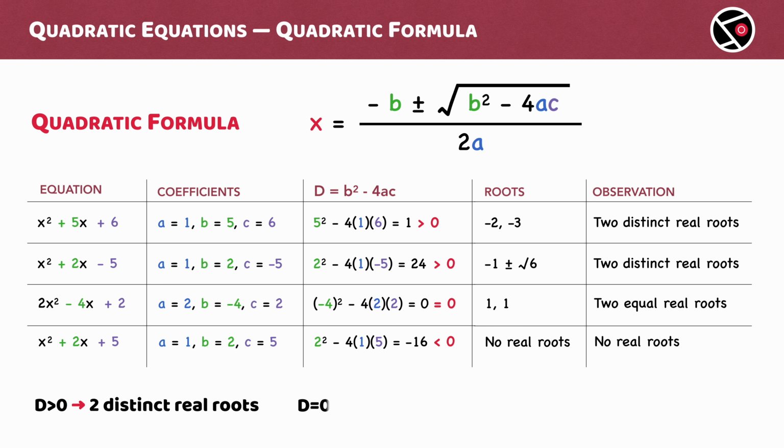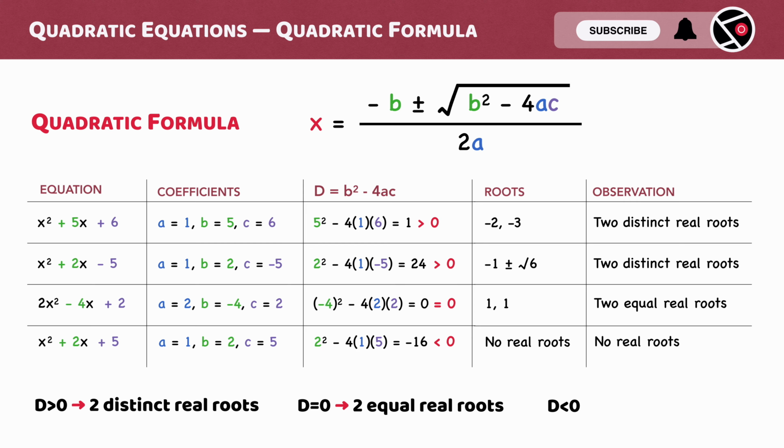D equal to 0 means two equal real roots. D less than 0 means no real roots. You don't always need to solve the equation. Just calculate the discriminant and you will know whether the equation has two distinct real roots, two equal real roots, or no real roots. With this, we come to the end of this lesson.